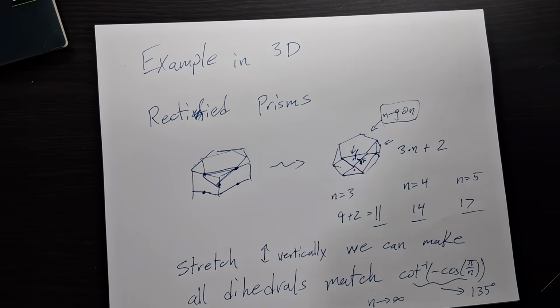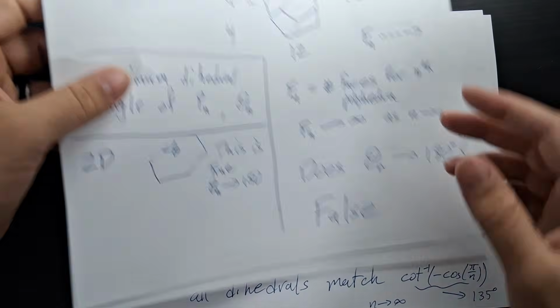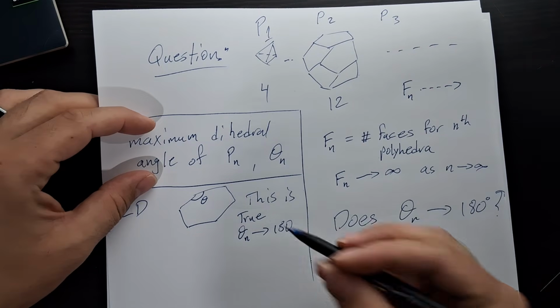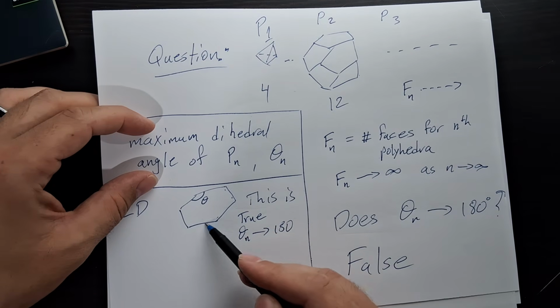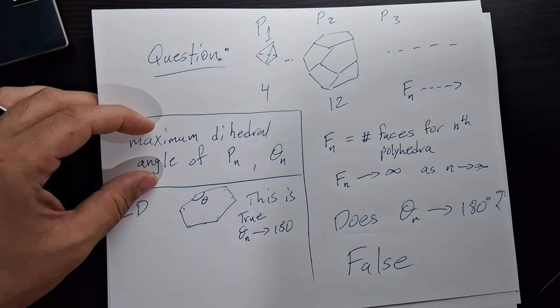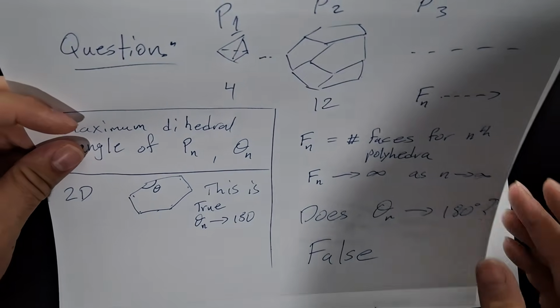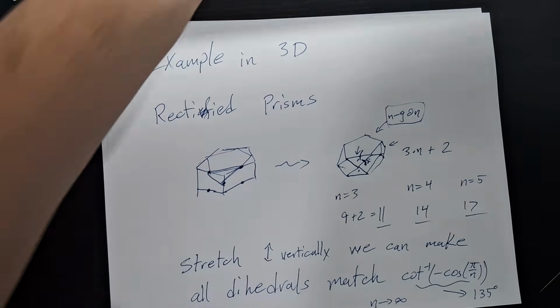You can ask why this changes from 2D to 3D. Part of it has to do with the fact that in 2D, if you have a polygon, there's a relationship between the number of sides and the sum of the angles. In 3D, the situation is far more complicated.